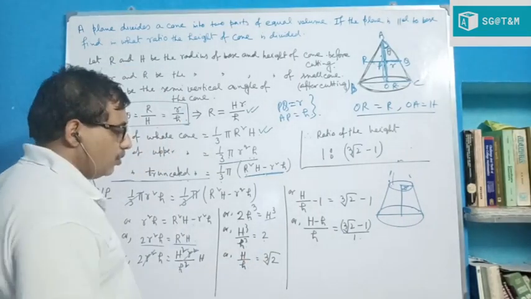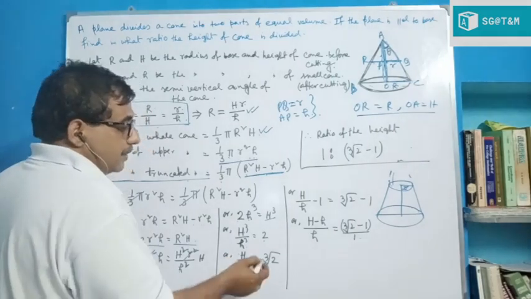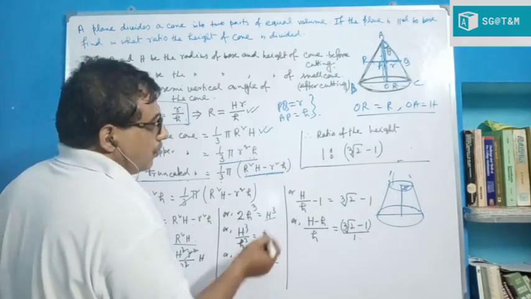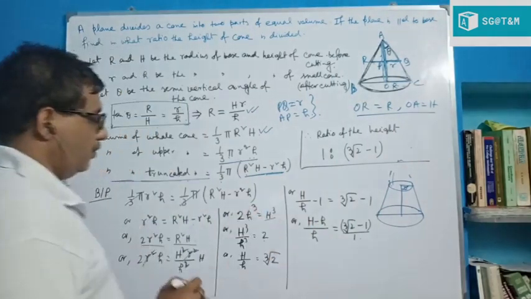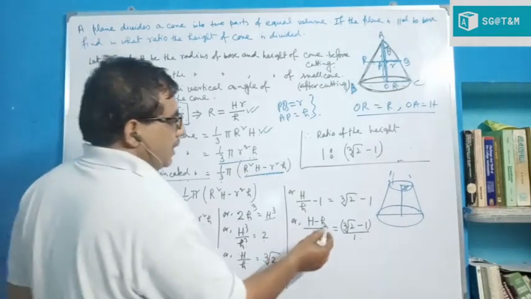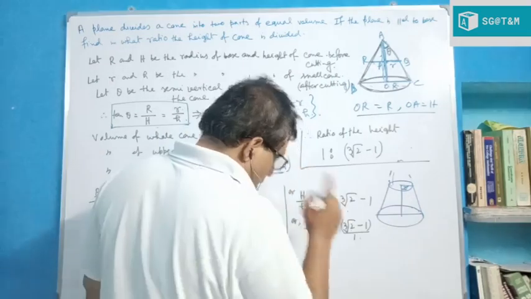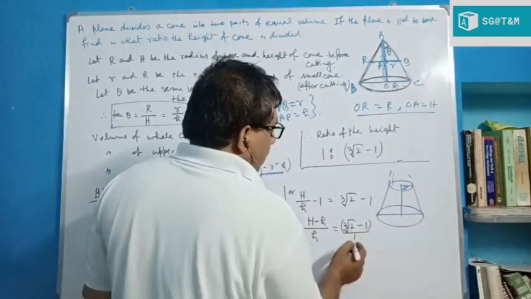Now taking the cube root, capital H by small h is equal to the cube root of 2. Now subtract 1 from both sides, then capital H minus small h by small h is equal to cube root of 2 minus 1.